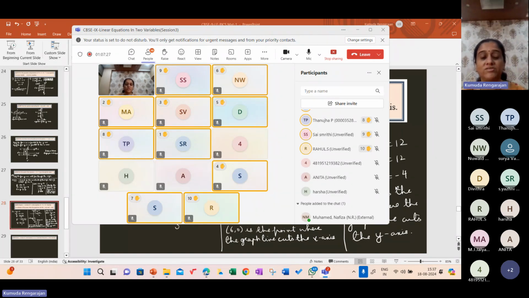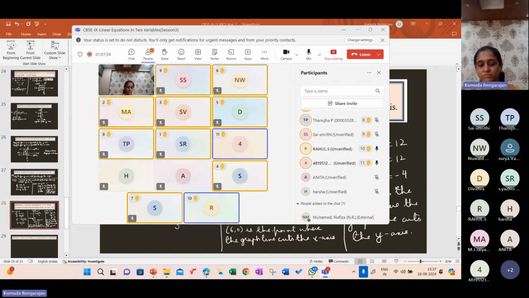Okay, now you've all raised your hand for what question? Why have you raised your hand? What was my question? Ma'am, haven't learned the graph. Yeah, so you've raised your hand saying that you have not learnt the graphs in school, right? Yes, ma'am.